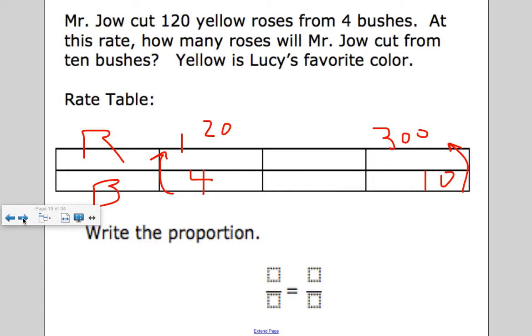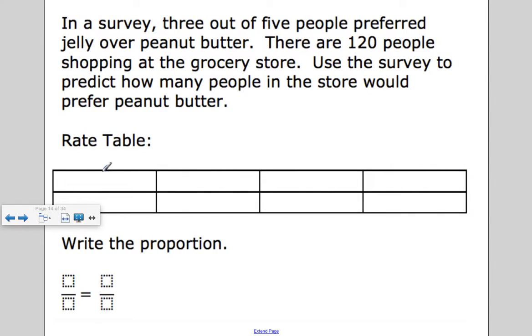It's up to you. In a survey, 3 out of 5 people prefer jelly over peanut butter. There are 120 people at the grocery store. Use their survey to predict how many people in the store would prefer peanut butter. So this is about jelly and peanut butter.